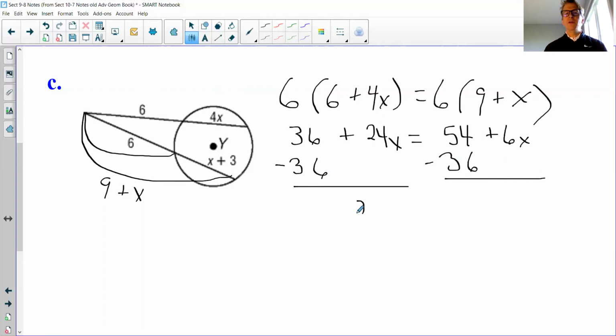And I'll have 24x is equal to 18 plus 6x. Okay, now you're almost home by subtracting 18 on this side and this side. Oh, take that back.